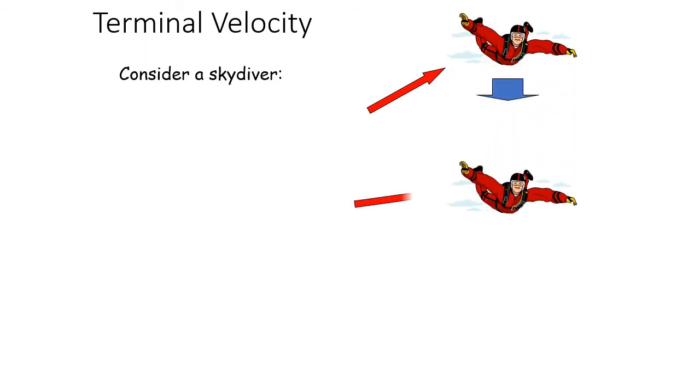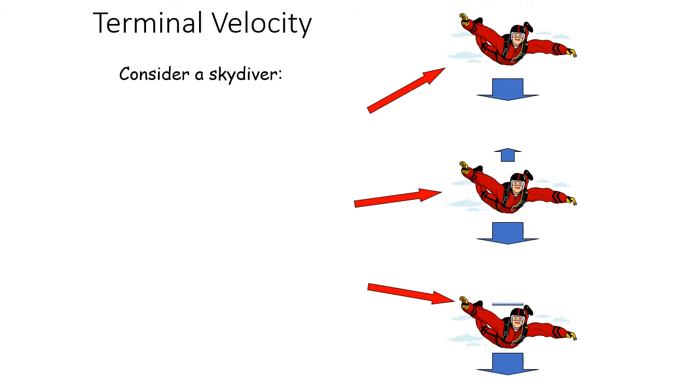So this is a case, consider a skydiver. At the start, the downward force is more than the upward force because there is no upward force when he starts falling down. As he comes down, the air resistance, the upward force, starts increasing. There is a certain point when the downward force is equal to the upward force, when his weight is equal to the air resistance.